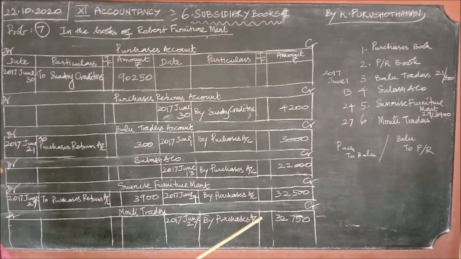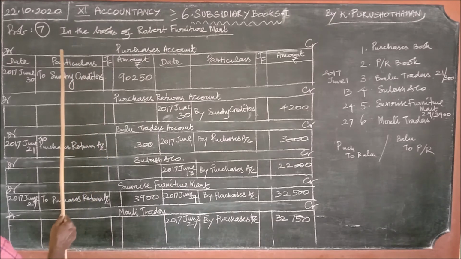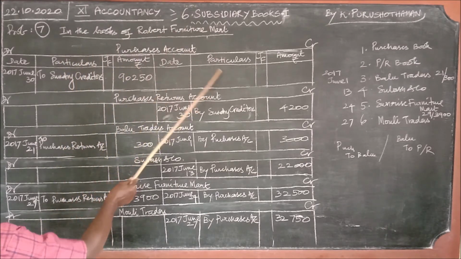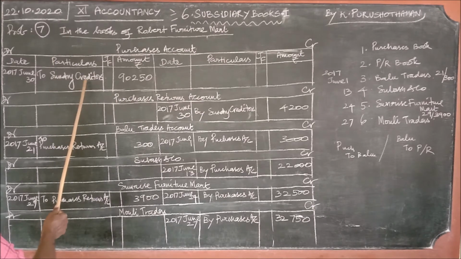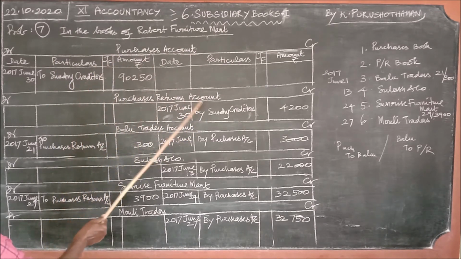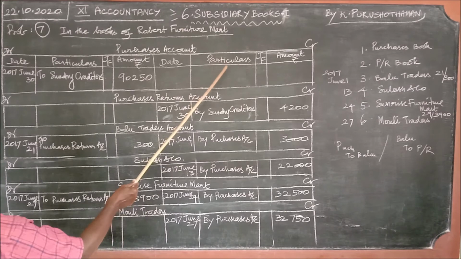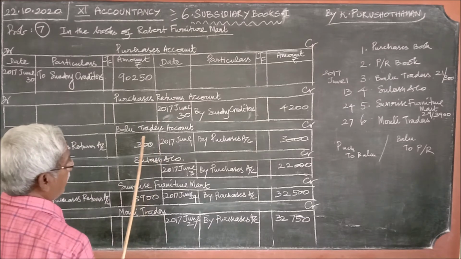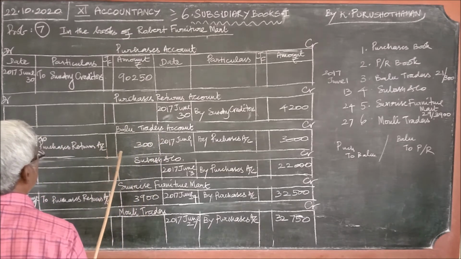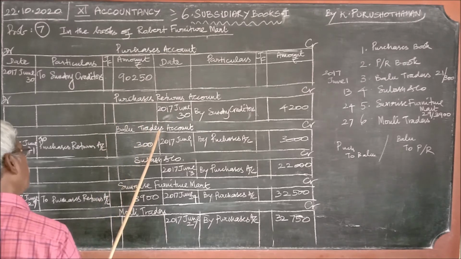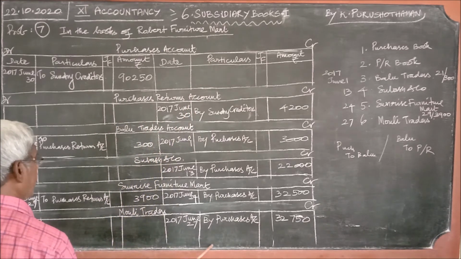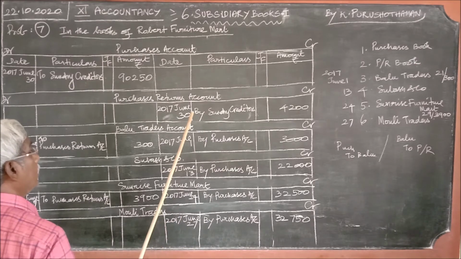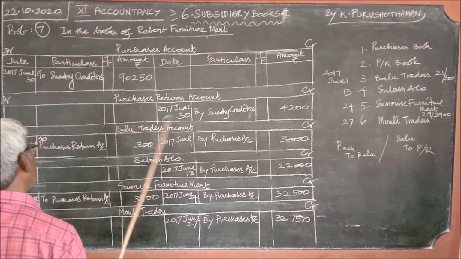For purchases, the entry is on the debit; purchases return, on the credit. Sales, the entry is on the credit; sales return, on the debit. The traders from whom we purchased appear on the credit side; those to whom we sold the goods appear on the debit side.